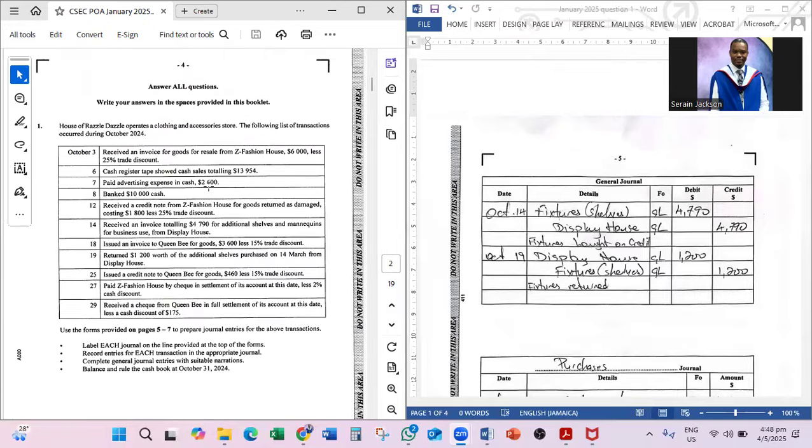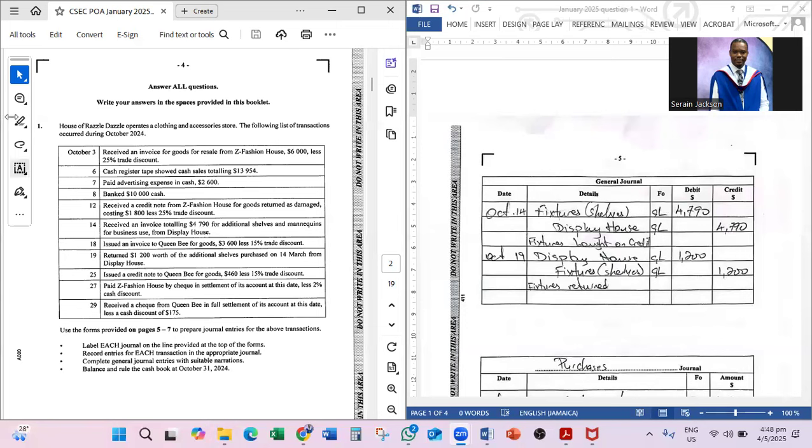We are asked to use the forms provided to label each journal on the line, record entries for each transaction in their appropriate journal, complete general journal entries with suitable narrations, and balance and rule the cash book at the end of October 2024.